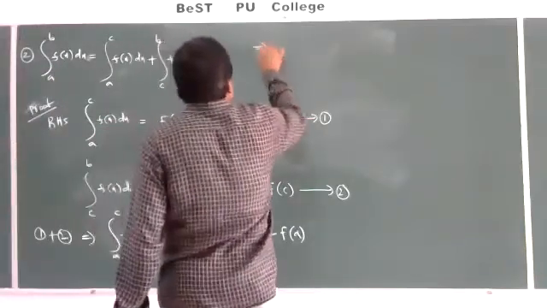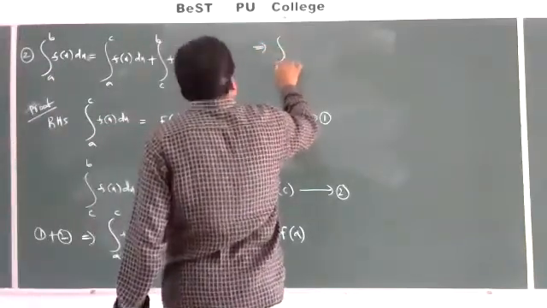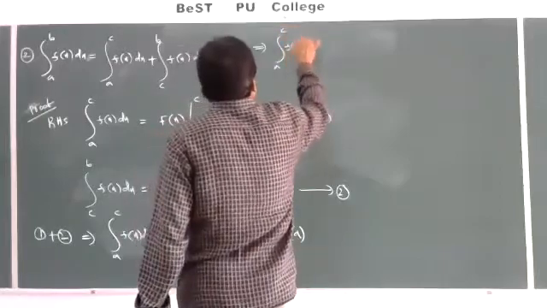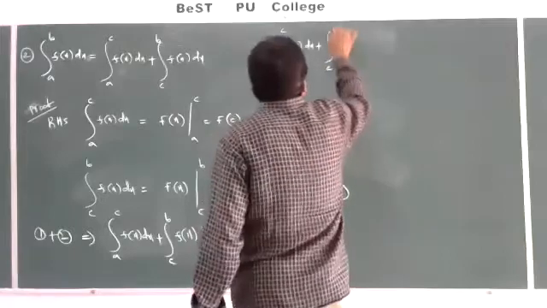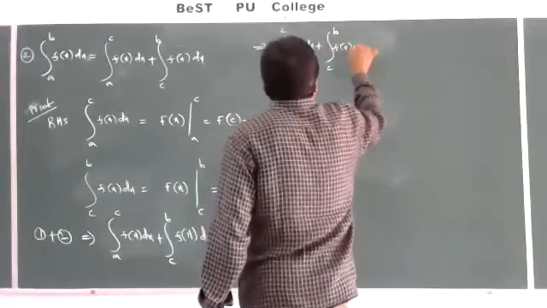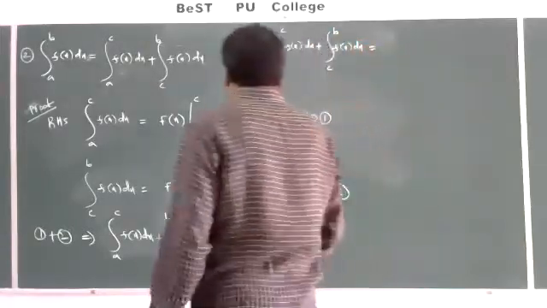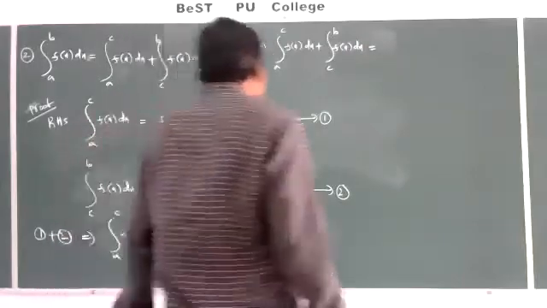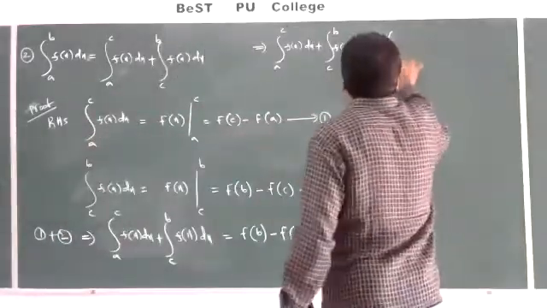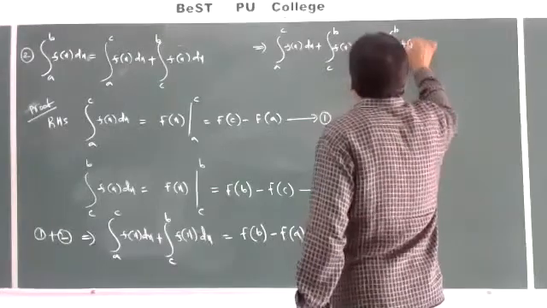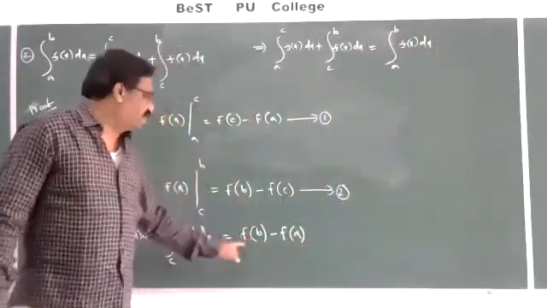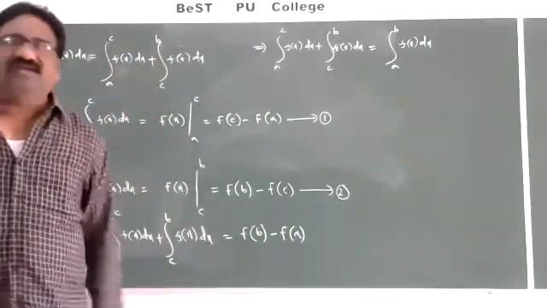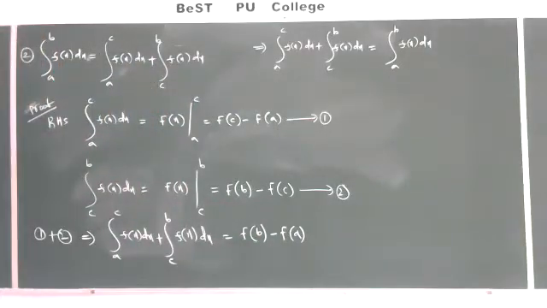That implies integral a to c f of x dx plus integral c to b f of x dx is equal to F of b minus F of a, which is integral a to b f of x dx.